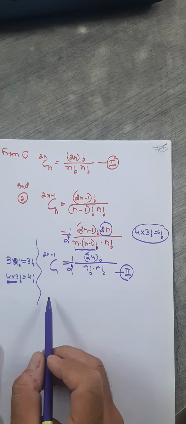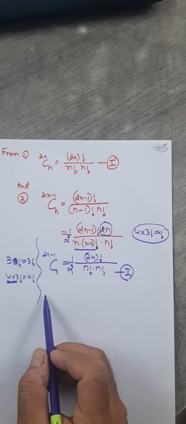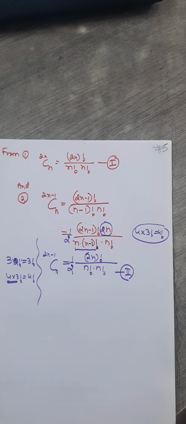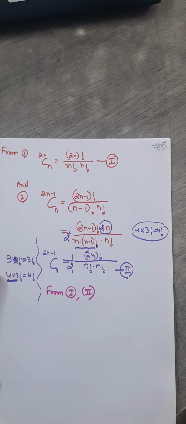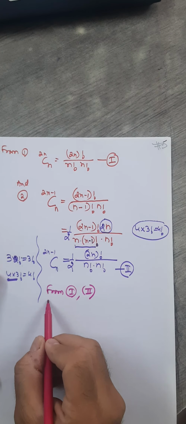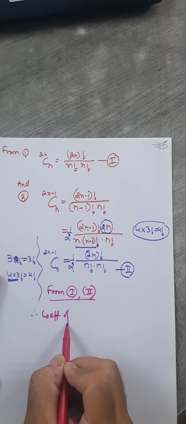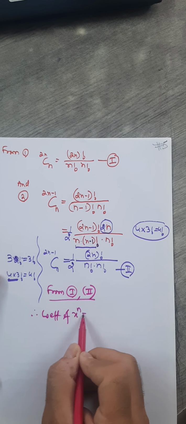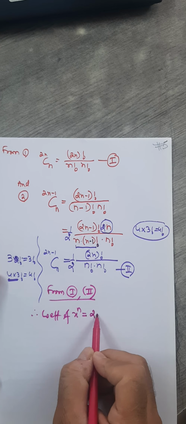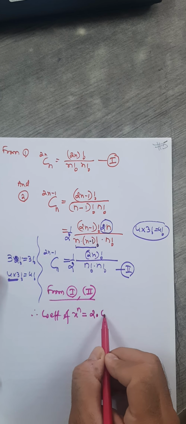So therefore, what have you proved from this? From 1 and 2, you have the coefficient of x raised to n equals twice, so this 2 will get cancelled.